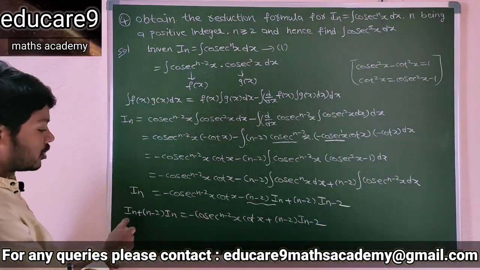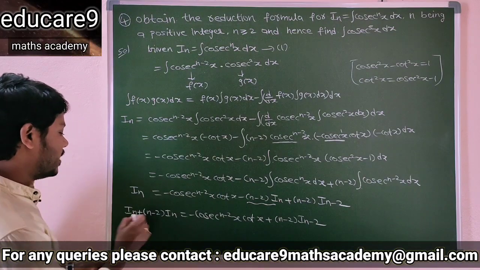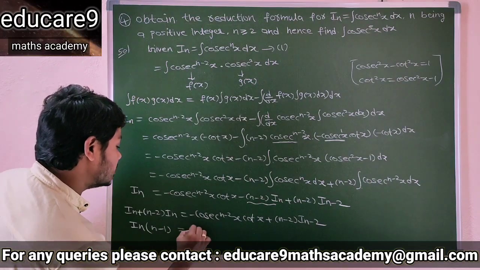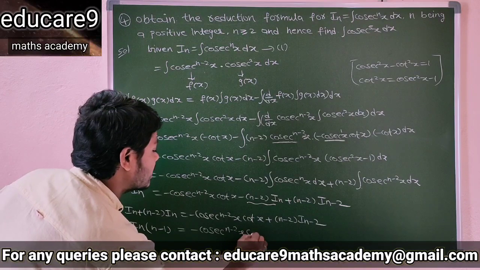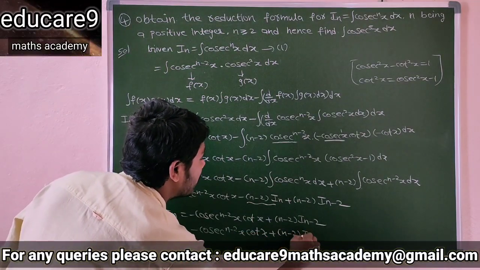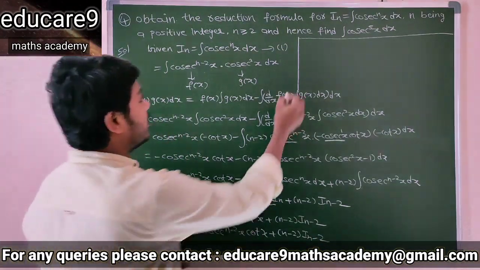See here, in both terms In is common. What you get? n minus 2 plus 1, that is n minus 1, into In is equal to minus cosec power n minus 2x cot x plus n minus 2 into I n minus 2. Therefore, what is the In value?